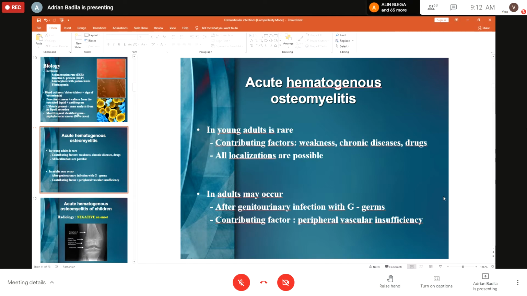It can occur also in adults, in many cases after genitourinary infections with gram-negative germs. And the usual contributing factor in adults is peripheral vascular insufficiency.